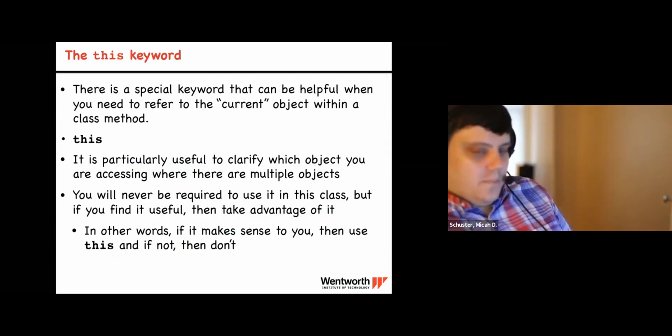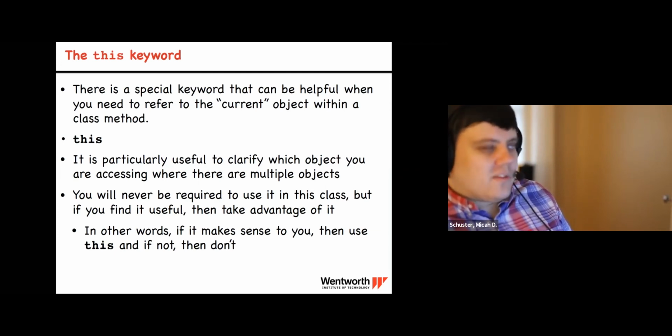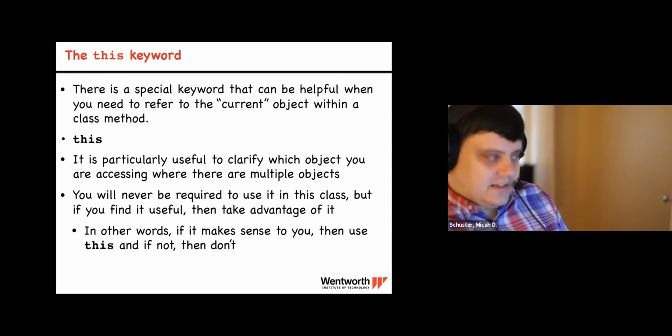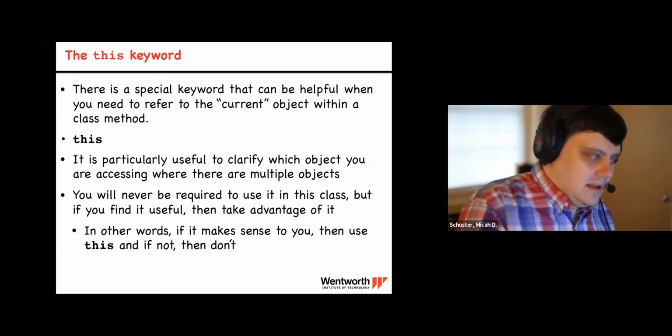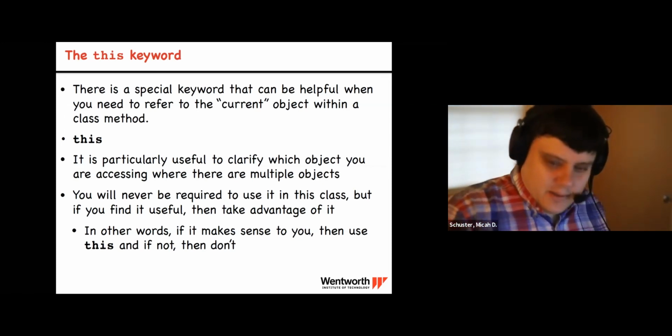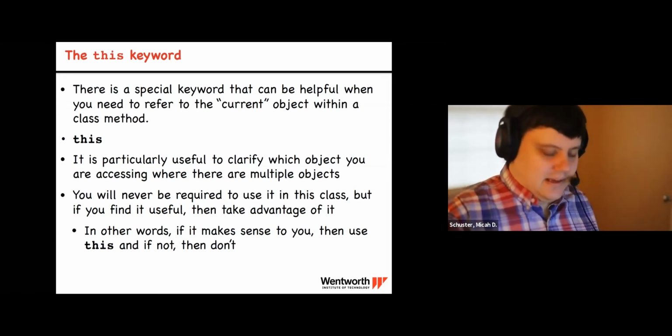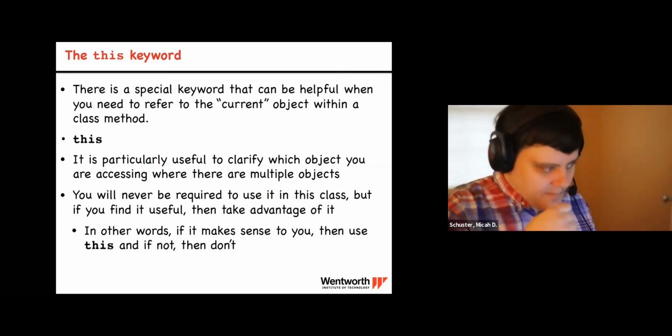There's a special keyword that most languages have something like, which you use to represent the current object within a class. It's the this keyword. It can be a little confusing to talk about because it's the this keyword.